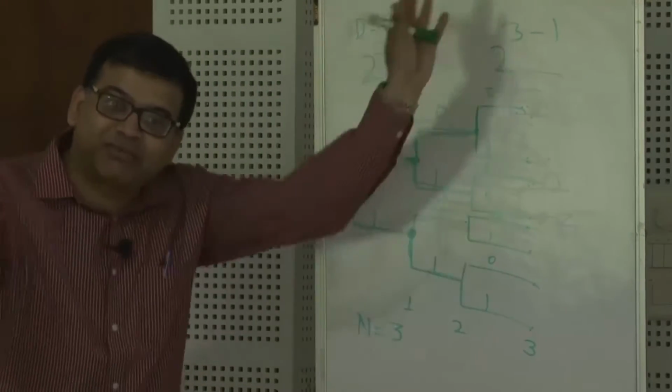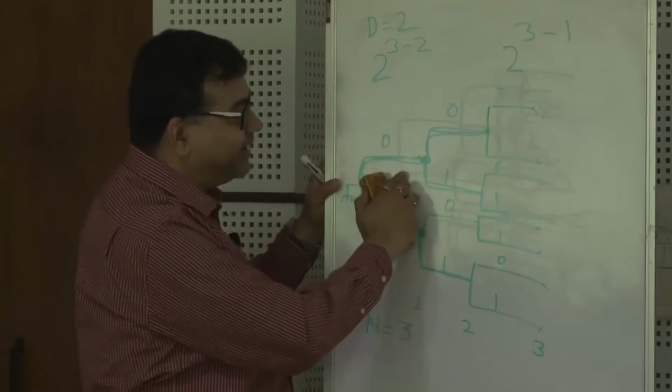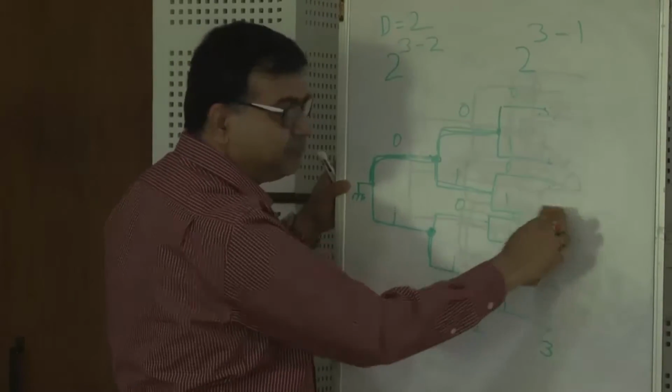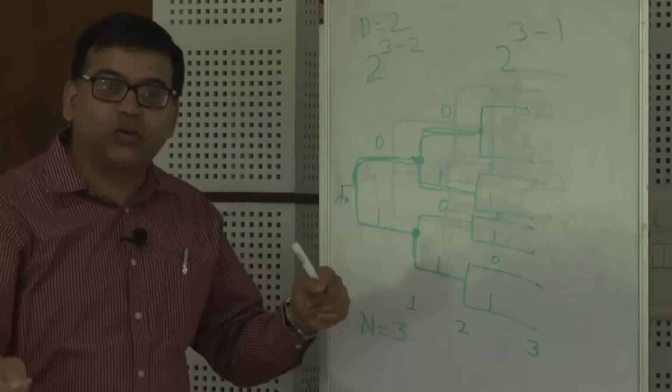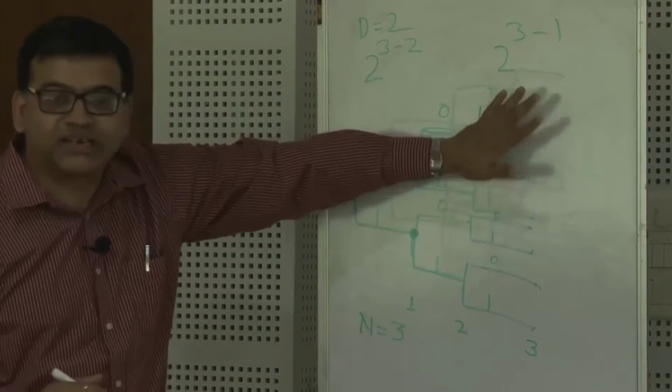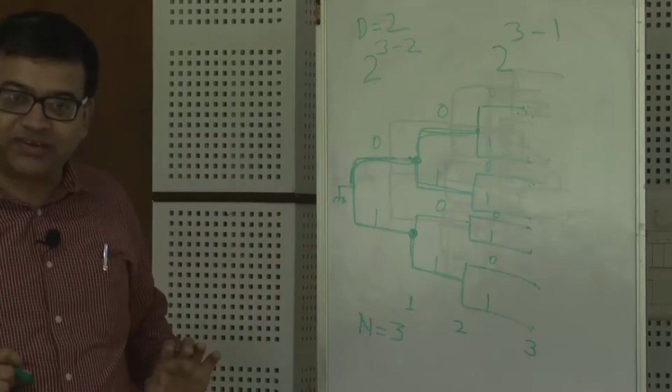So I am deleting the maximum number of leaves there. If I start here, these leaves are all deleted. So when a larger length code word comes, I am not going to touch them; I am going to go to a different part of the tree.